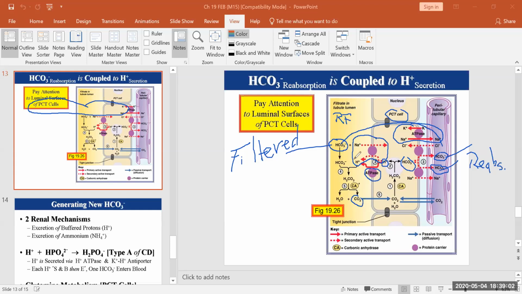Again, two ways for proton to leave the cell: through a primary active transport, an exclusive proton pump consuming ATP to pump out proton. And the second mechanism, a secondary active transport, where the proton basically gets a free ride out as sodium gets in. And why is that sodium getting in? Because at the basolateral membrane, the sodium potassium ATPase sets up that concentration gradient, inducing sodium to move from the renal filtrate into the PCT cells.